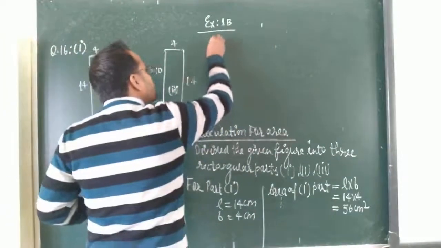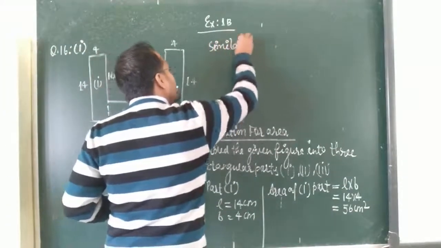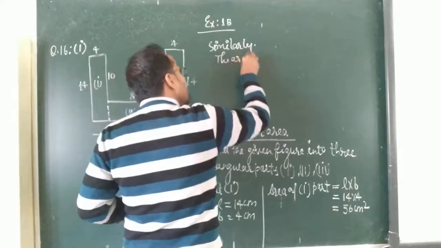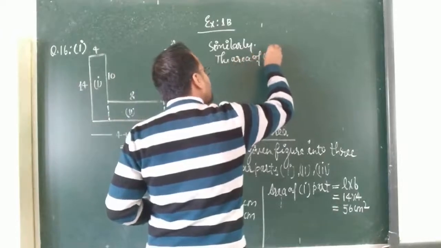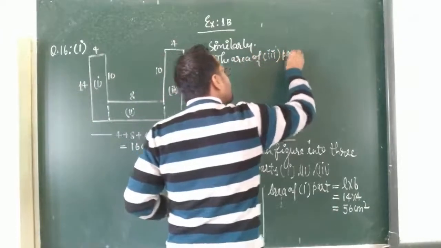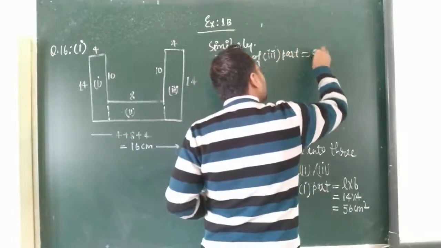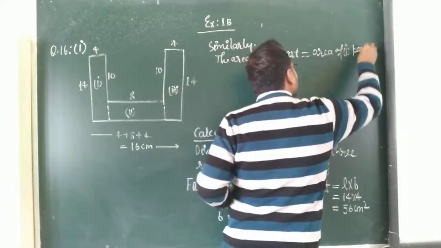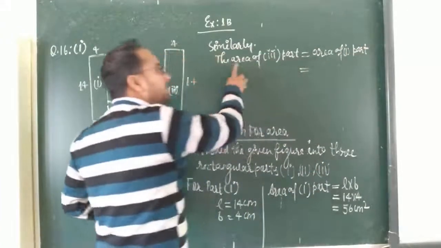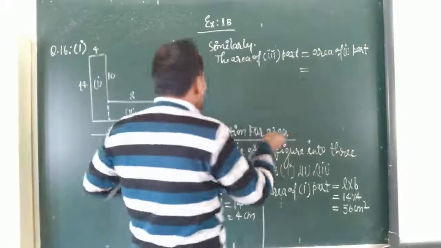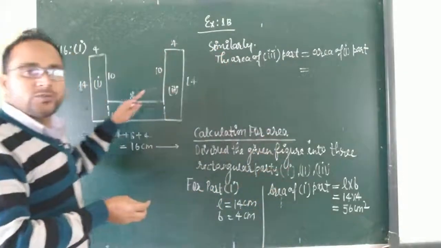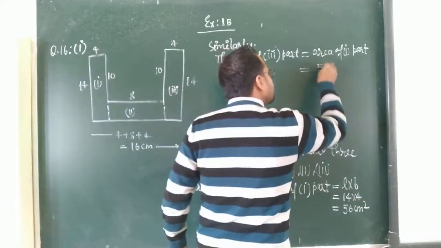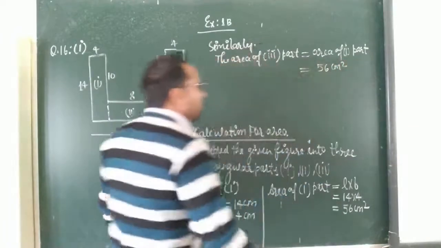Similarly, the area of third part is equal to the area of first part, because the length and breadth both are the same. So this is 56 centimeter square.